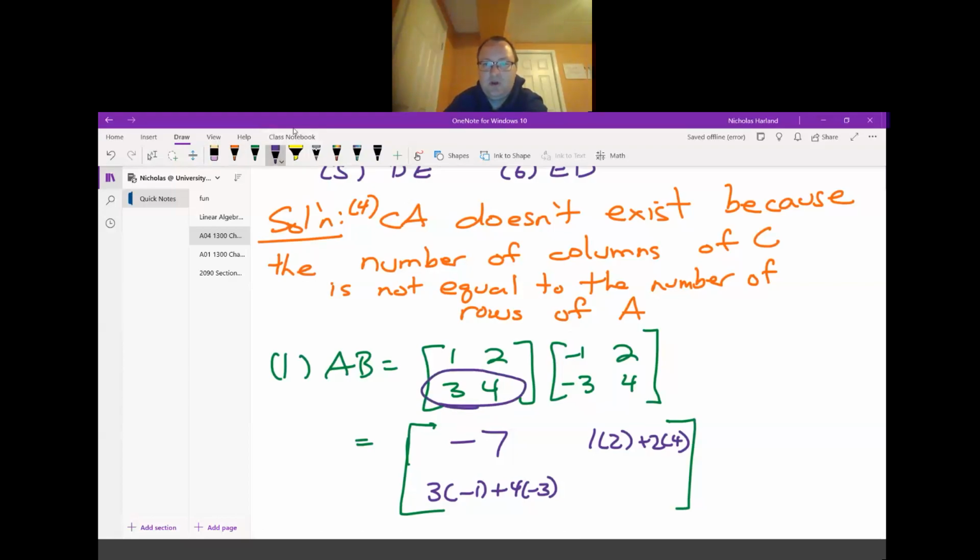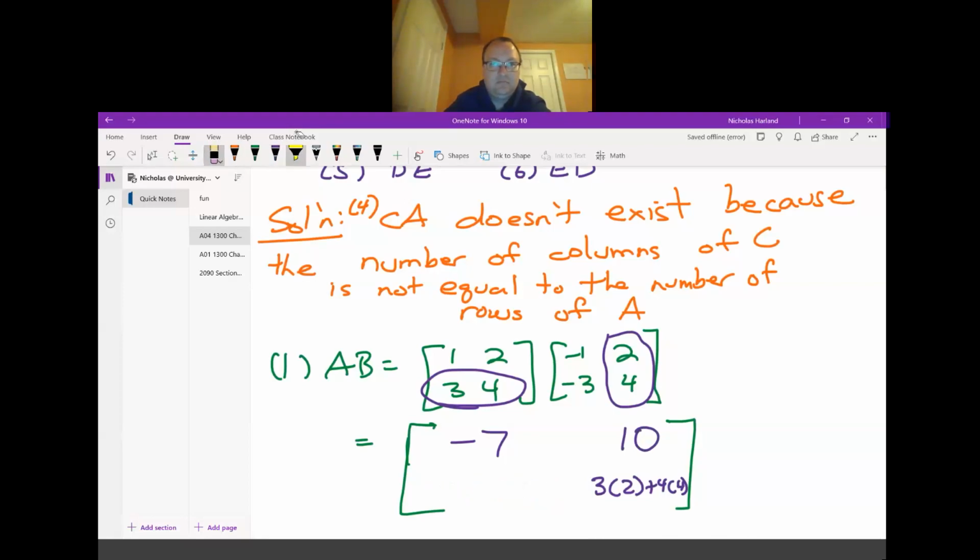And second row times second column would give us what? 3 times 2 plus 4 times 4. So, 10, -15, and 22. And that's how we multiply our matrices together.